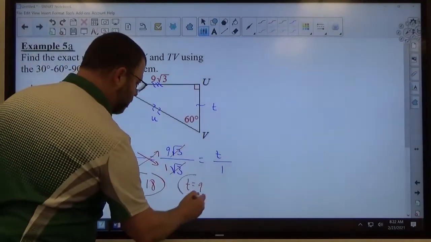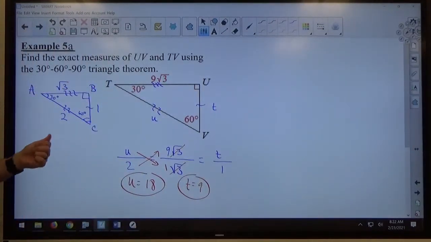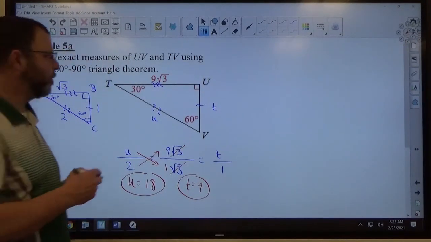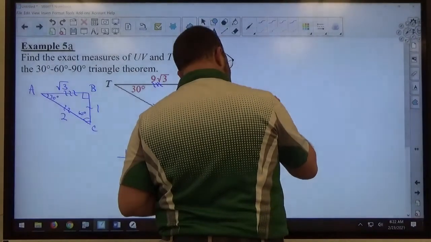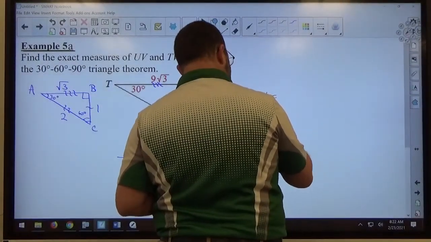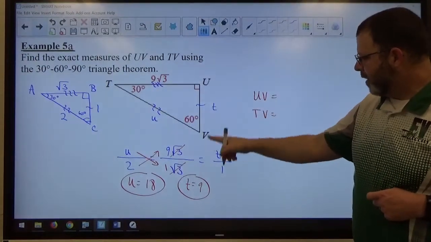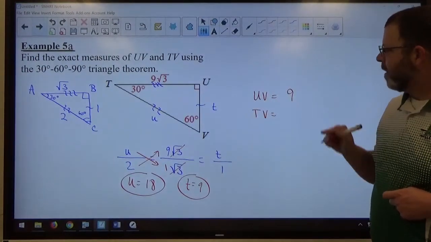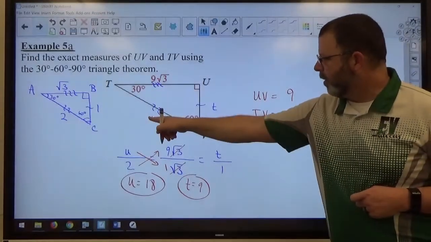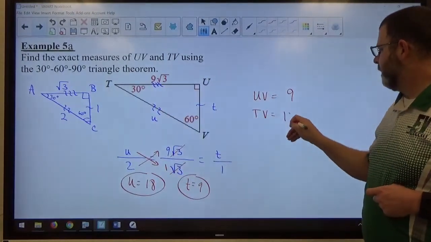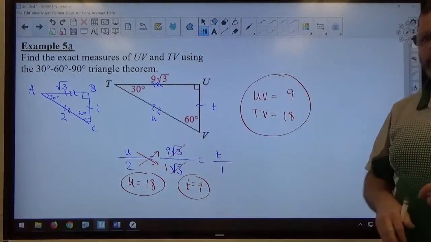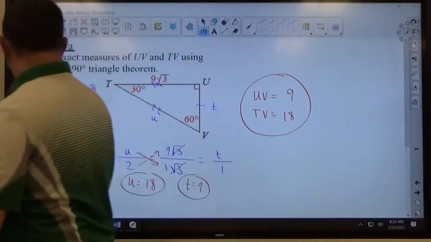All right, so those are my answers. Again, that's U and T. They asked me for UV and TV, so for good mathematical purposes, I'm going to say UV equals something, TV equals something. UV is being represented by the letter T, and T is equal to 9. TV is being represented by the letter U, so U is equal to 18. So that'd be my answers for that one. And it does say find the exact measures.